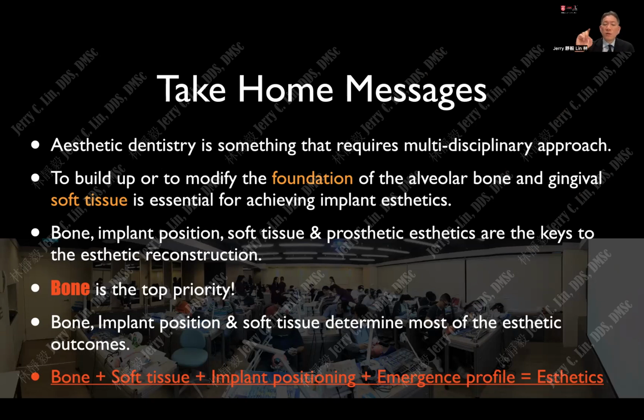Among them, bone is the top priority. Bone, implant position, and soft tissue, which are surgical measures, determine most of the aesthetic outcomes. I can give an aesthetic equation: bone plus soft tissue plus implant position plus emergence profile equals aesthetics.